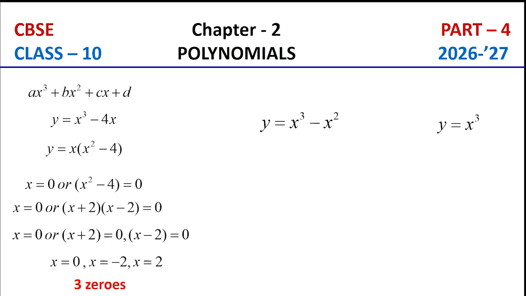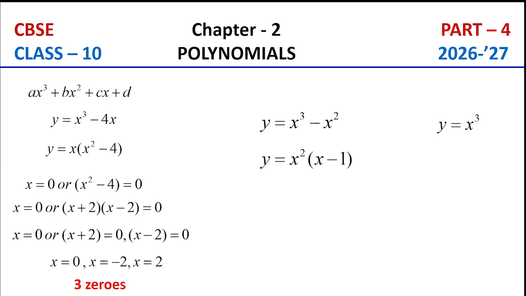Now look at the second example, y equal to x cube minus x square. That is also a cubic polynomial, and it has two terms. First term is x cube and second term is minus x square. There x square is common for both the terms. So we can rewrite it as x square into x minus 1, because x square into x is x cube minus x square into 1 is x square.